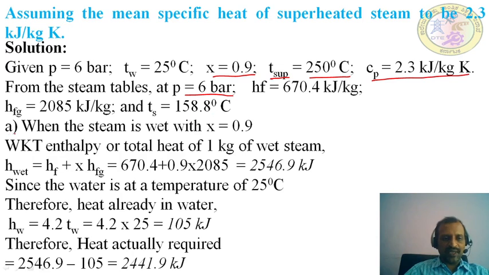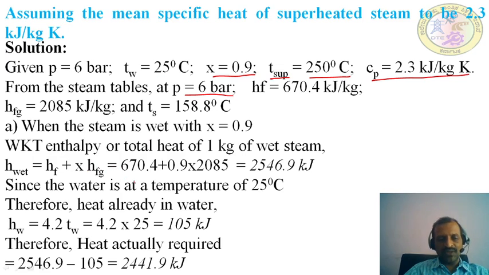Now case 1 is when the steam is wet with x equal to 0.9. So again it is a wet steam. The dryness fraction is 0.9. We know that the enthalpy or the total heat of 1 kg of wet steam, that is H wet, is equal to HF plus x HFG. You have already noted these values from the steam table.